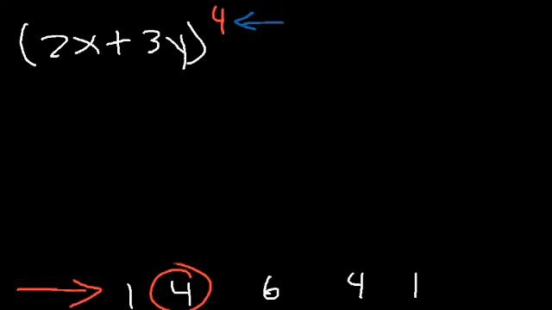So the first term is going to have a coefficient of 1, and this part, 2x, we're going to raise it to the 4th power. And the second part, 3y, we're going to raise it to the 0 power.